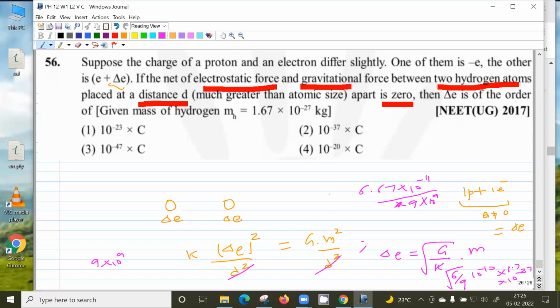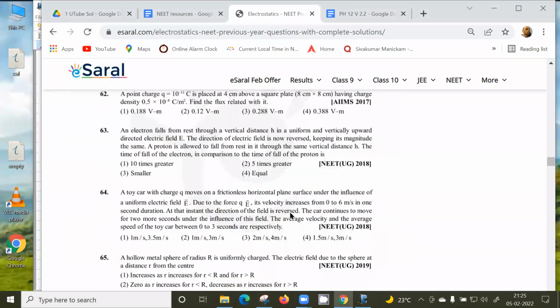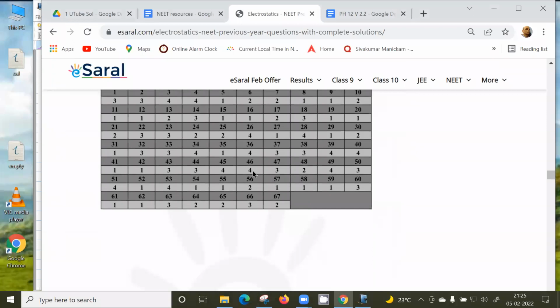So 10 raised to minus 37. Second option.